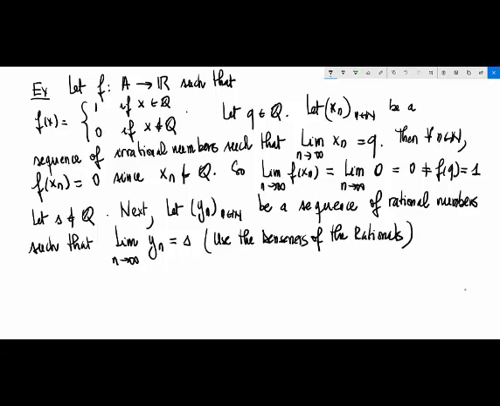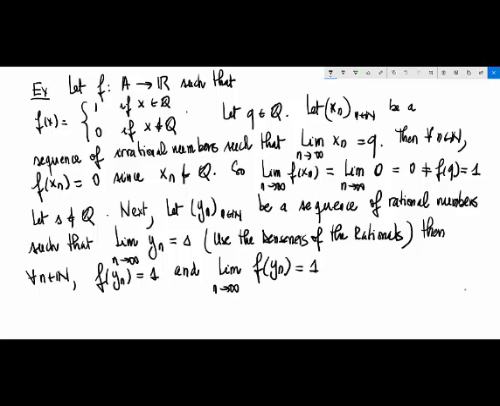All right, so then for any natural number n, we have that f of yn is equal to 1, and clearly this means that the limit of f of yn as n is approaching infinity will be equal to 1, right? Because this is a constant sequence, which is not equal to f of s, which is 0, because here s is not a rational number.